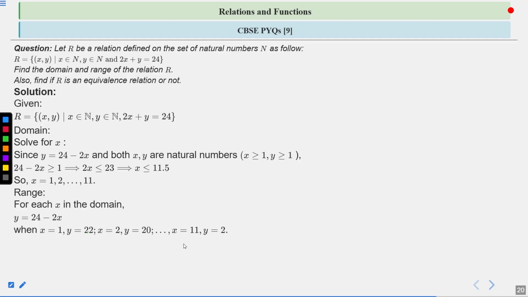It will go on till x is equal to 11, when y will be equal to 2. So the range will be 2, 4, 6, 8, 10 till 22. So the domain is 1, 2, 3, 4, 5, 6, 7 till 11, and the range is 2, 4, 6, 8, 10 till 22. Got it?